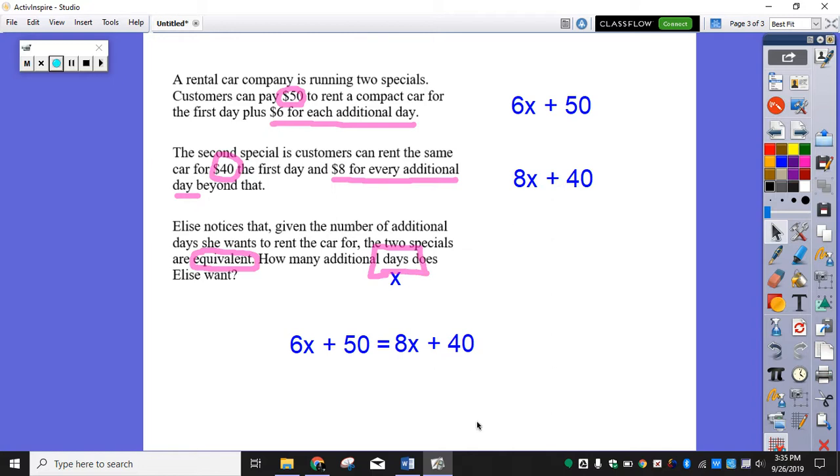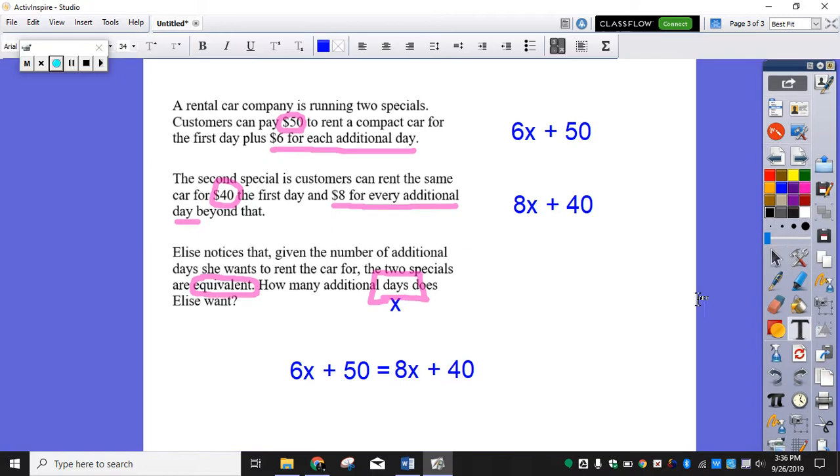So I am going to first solve by moving my x terms together. If I want to move this 8x to the opposite side of the equal sign, I need to do the opposite operation. In other words, when 8x moves over to the left, it's got to be the opposite, which would be negative 8x.